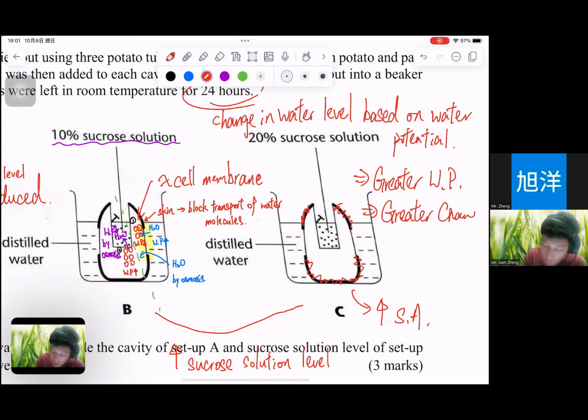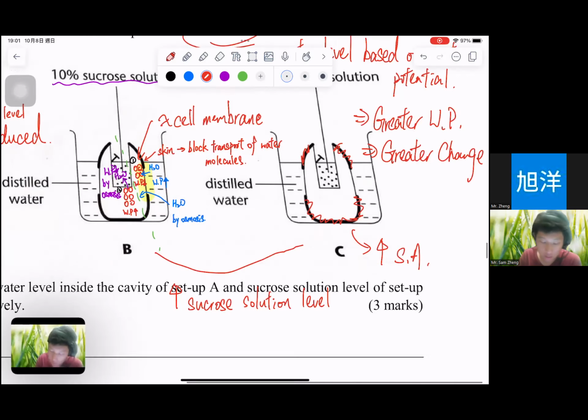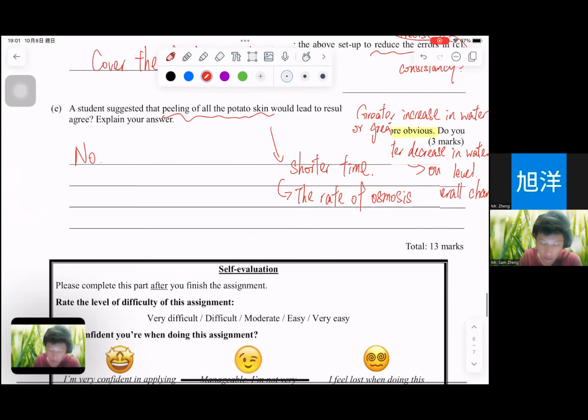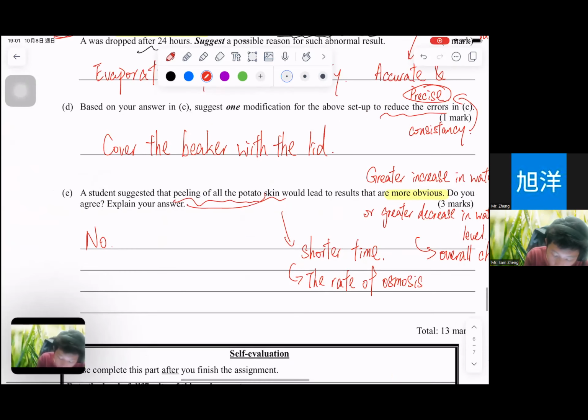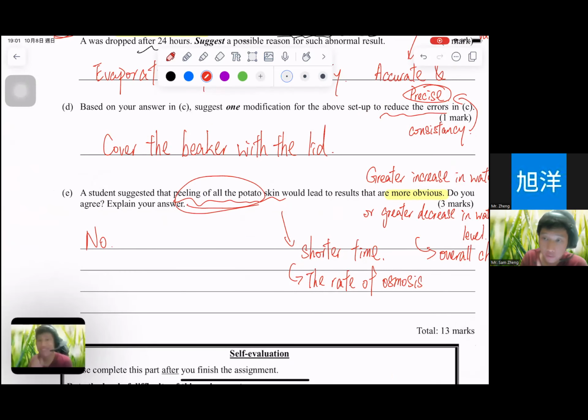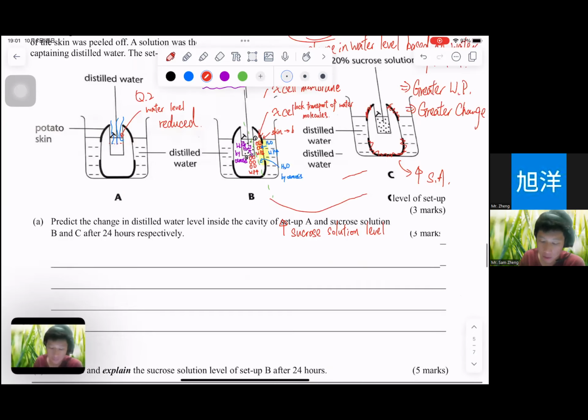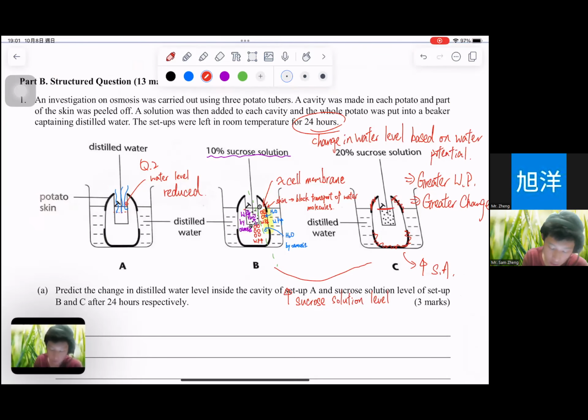So you will see that peeling off all the potato skins does not affect the final result, but it just affects the time for the water level to reach the same level after 24 hours.